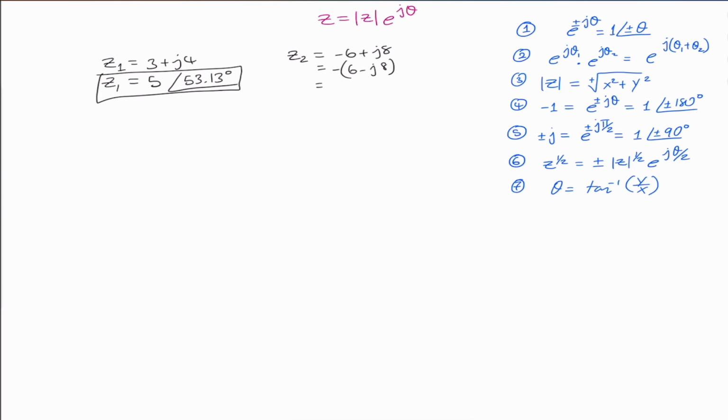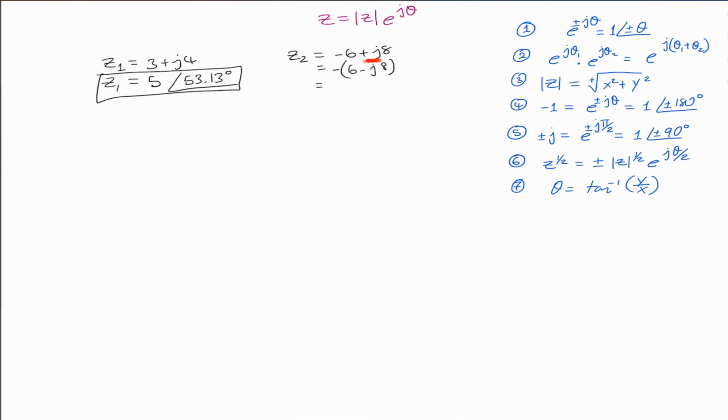Pay attention to this: before we manipulate this complex number, j was positive, so the angle for our -1 will be positive. So we then have a positive 180. And let's keep the magnitude first.